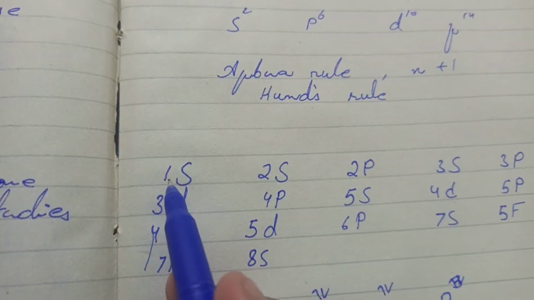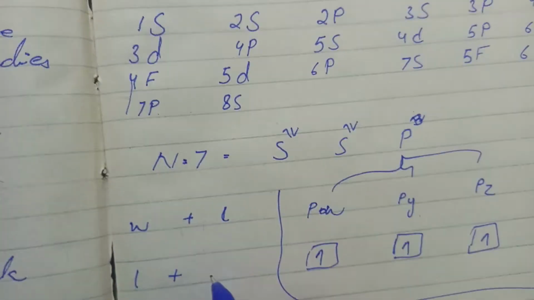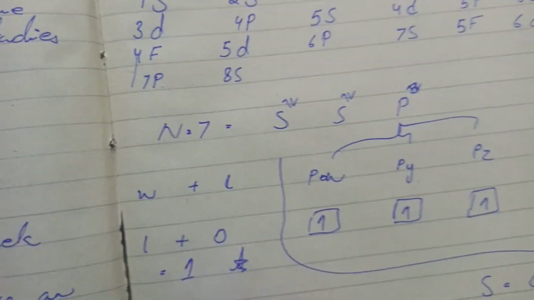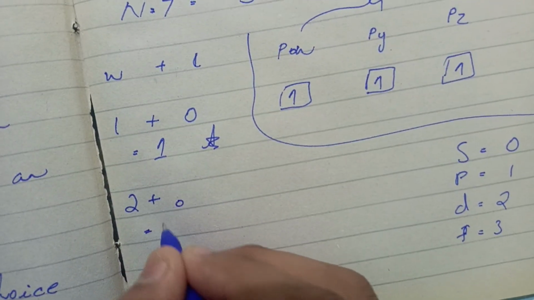As you can see, for 1s we write 1 plus 0, because the value of s is 0, so the answer is 1. For 2s we have 2 plus 0, which becomes 2.